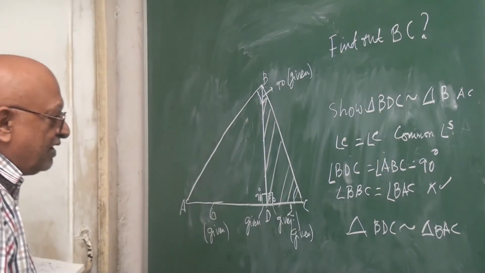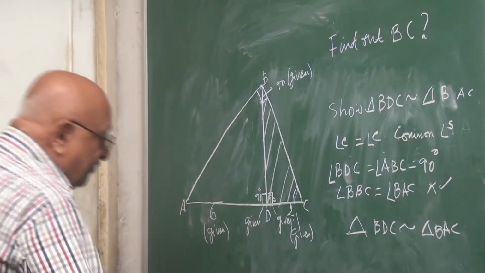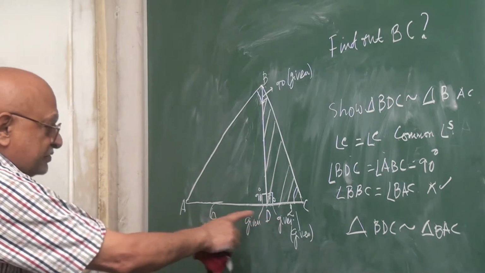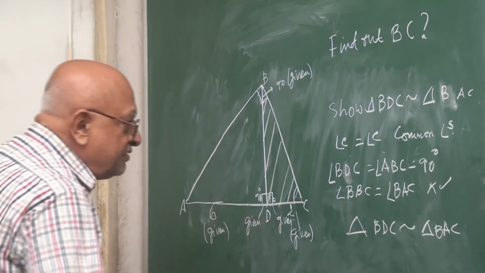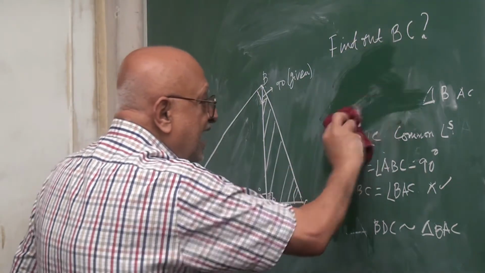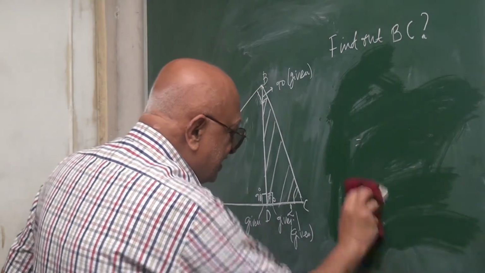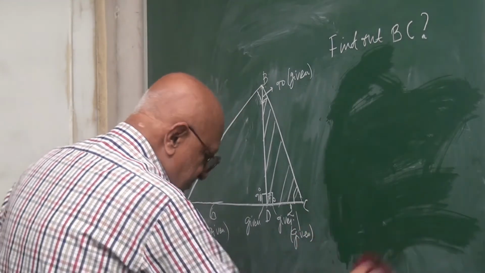Now what do I have to do? Now I have to find the ratio. I need to find the ratio and relate it to 6 and 2, which is only given to me. So I will erase this part and then show you. The best way is to take these triangles out.